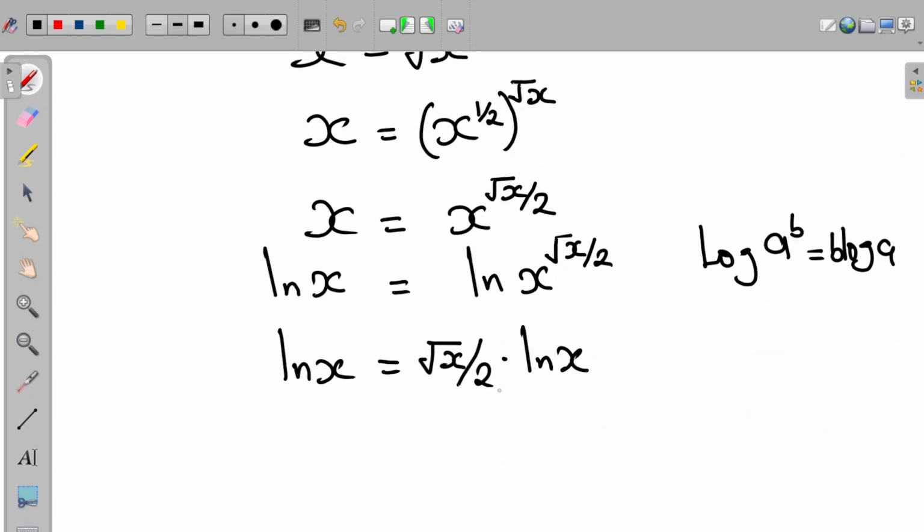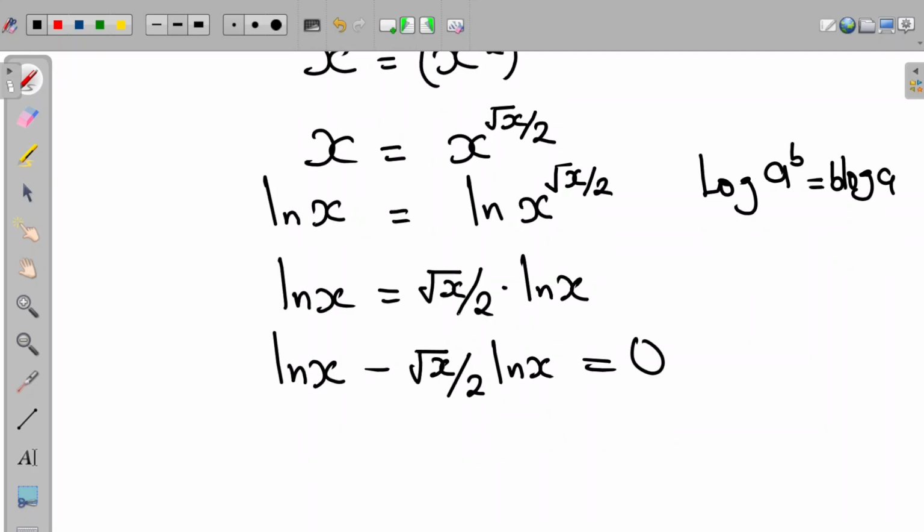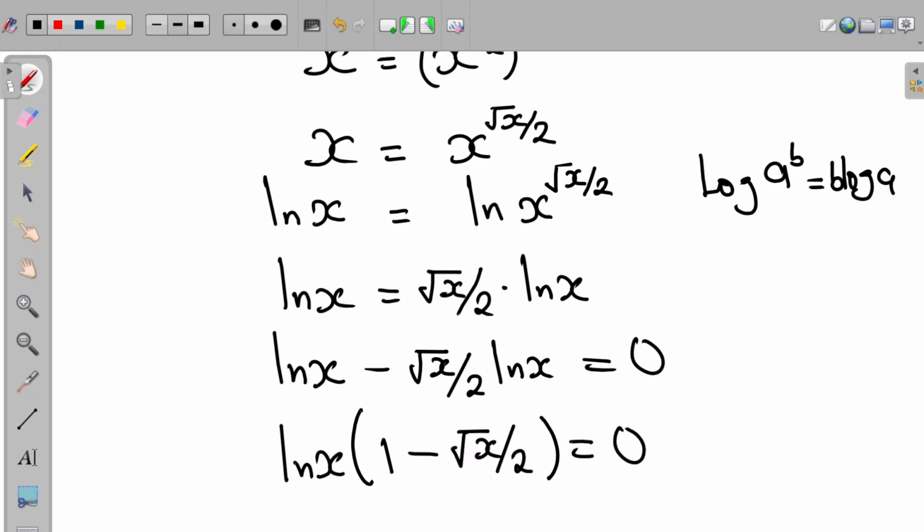Now, let us move everything from the right hand side to the left hand side. So the equation becomes ln x minus root x divided by 2 ln x equal to 0. Now, we can factorize ln x. So we have that ln x being factorized, open bracket, 1 minus root x divided by 2 equal to 0.